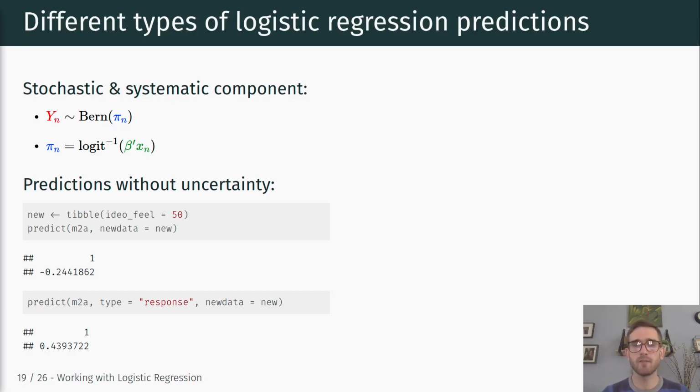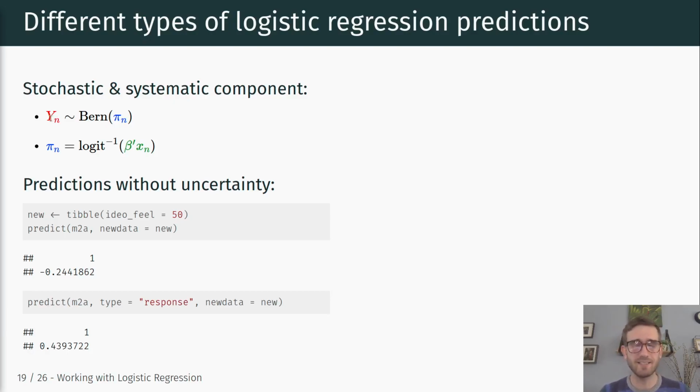Okay, and as we go through these different types of predictions, keep in mind that we can specify our logistic model as a combination of a stochastic and a systematic component. Okay, the stochastic component is basically just the underlying probability distribution for our outcome that we observe, right?